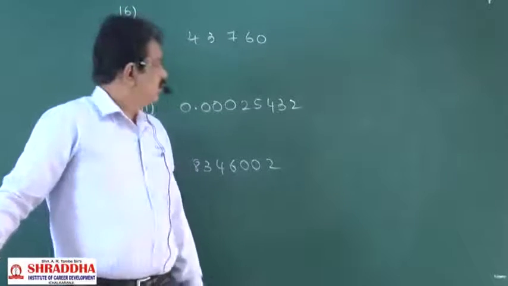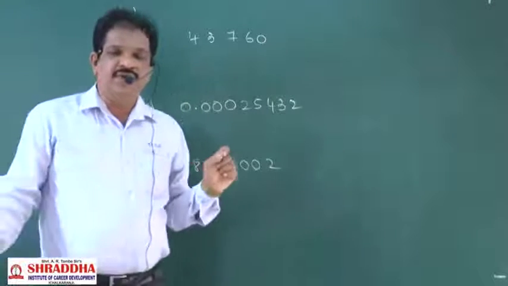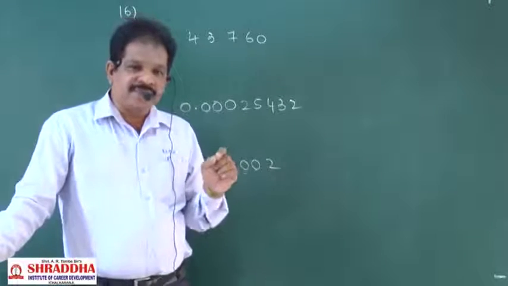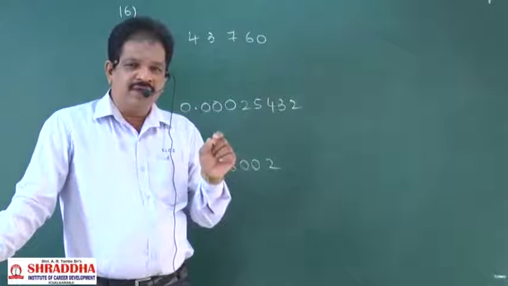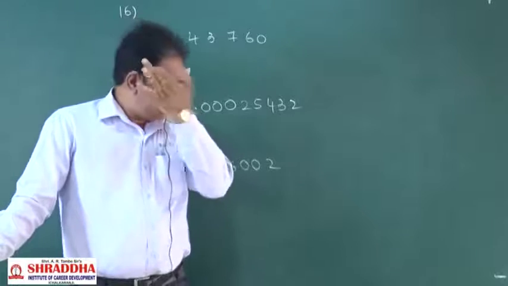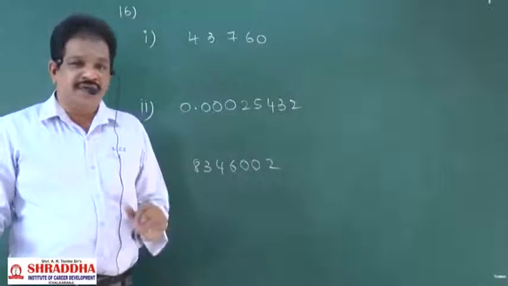Clear? So what we have to do, what I told you, try to remember: express the number in between 0.5 and 5 and write the remaining in power of 10.